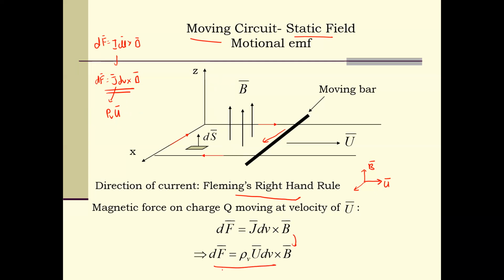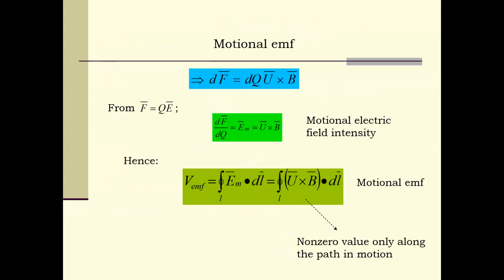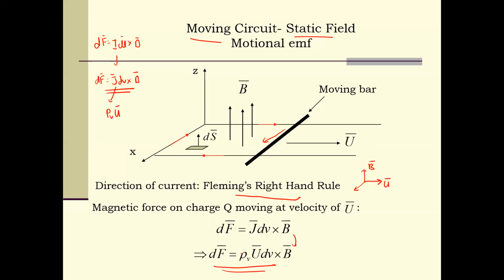This will be the magnetic force that exists in this particular moving bar. We have the equation dF equals rho_v u dV cross B, and we can write rho_v dV, which is equivalent to dQ, a charge.